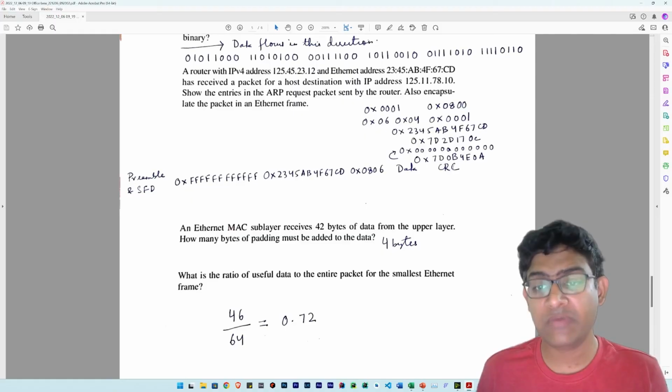So if you take the minimum payload size of 46 and add 18, you get 64, right? And so the ratio is basically 46 by 64, which is 0.72, and there can be more numbers beyond that. I just truncated that to 0.72.